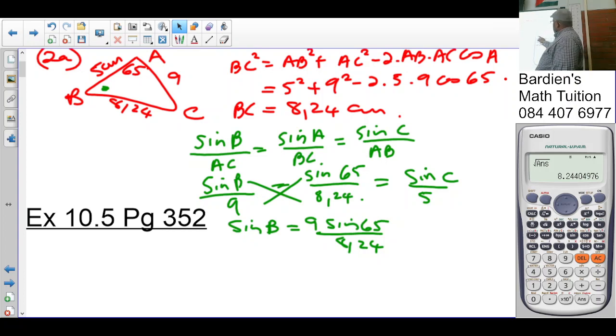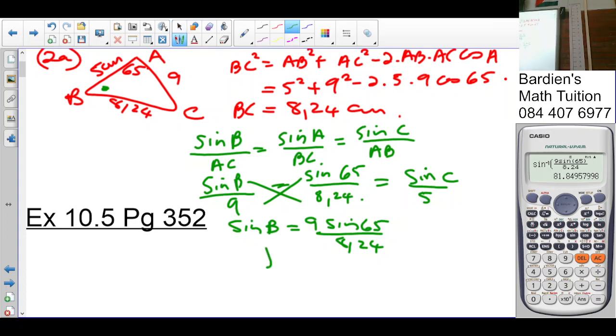So this should be arc sine of 9 times sine 65, over 8.24. That gives an angle of 81,85.